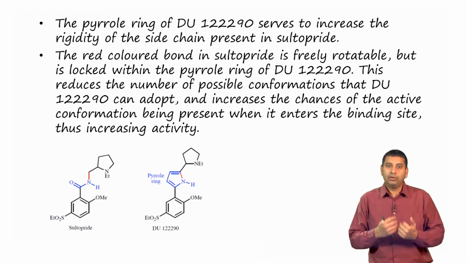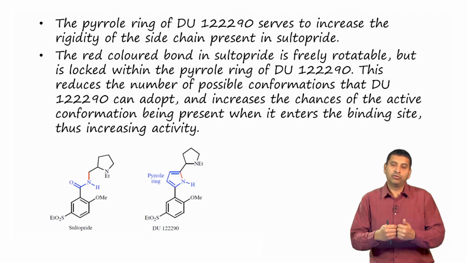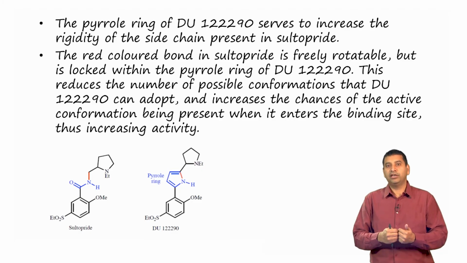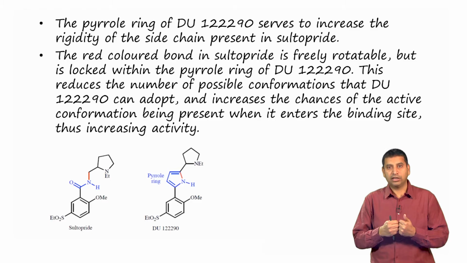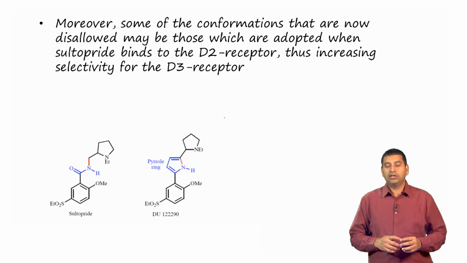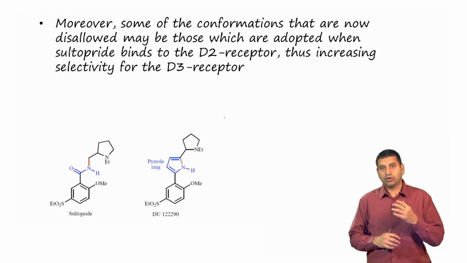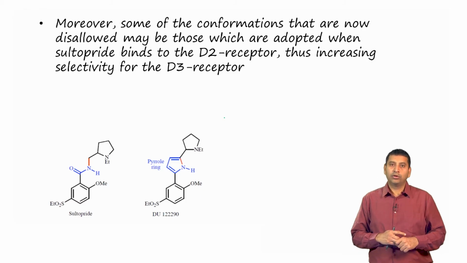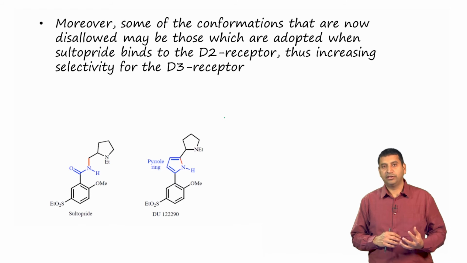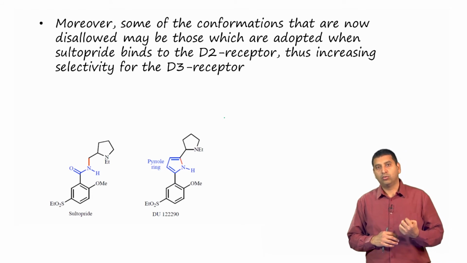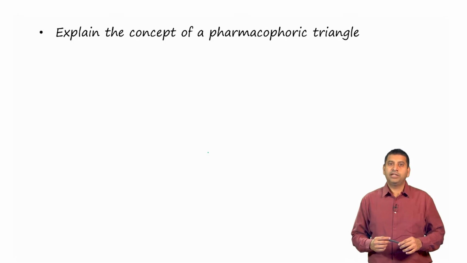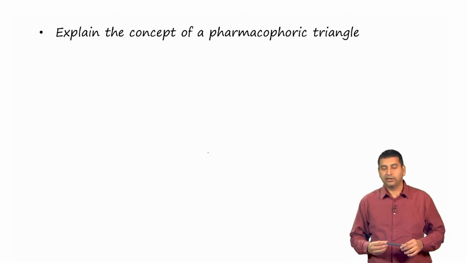So we want to get to a structure which is as close as possible to the active conformation, so that we can improve the drug target interaction. In the case of the pyrrole, some of the conformations which are possible in sultopride are actually not allowed. Therefore, by doing this, we are increasing the selectivity of the molecule to one particular receptor over the other. The next question is, explain the concept of a pharmacophoric triangle.